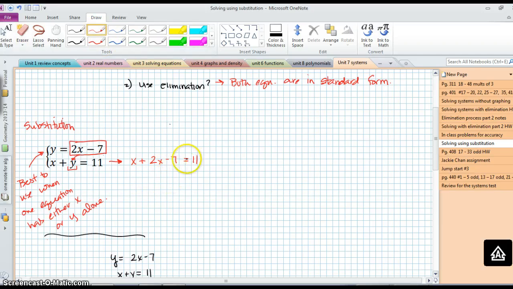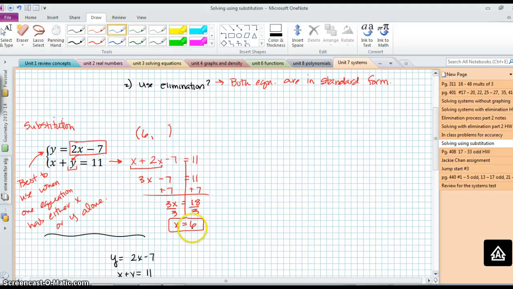So solving this, I can combine these like terms, make them 3x, add 7 to both sides, divide both sides by 3, and I get x equals 6. So now I know those are going to cross at 6 something. From here, you do the exact same thing that we did for the elimination process.